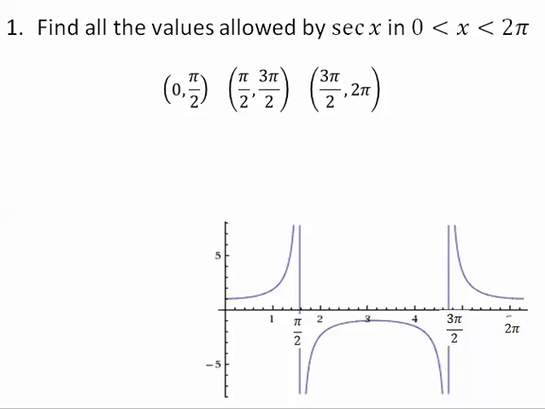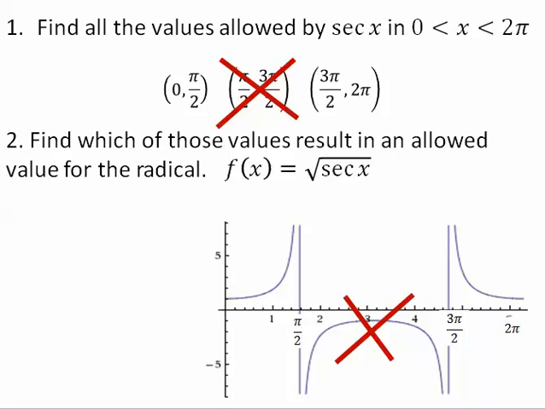Now, which of those values are allowed by the radicand? For which of these values will you get something that can go under the radical? Well, from 0 to pi over 2, secant is positive, so I can take the square root of secant. But from pi over 2 to 3 pi over 2, secant is negative, and you can't take the square root of a negative value, so that interval is not allowed.